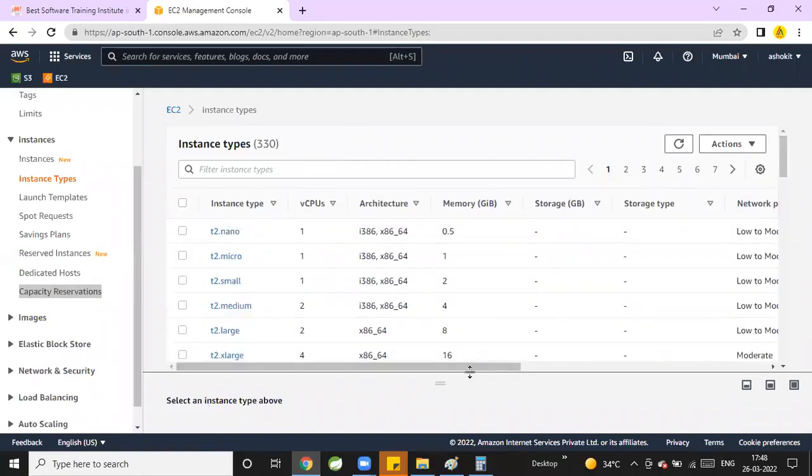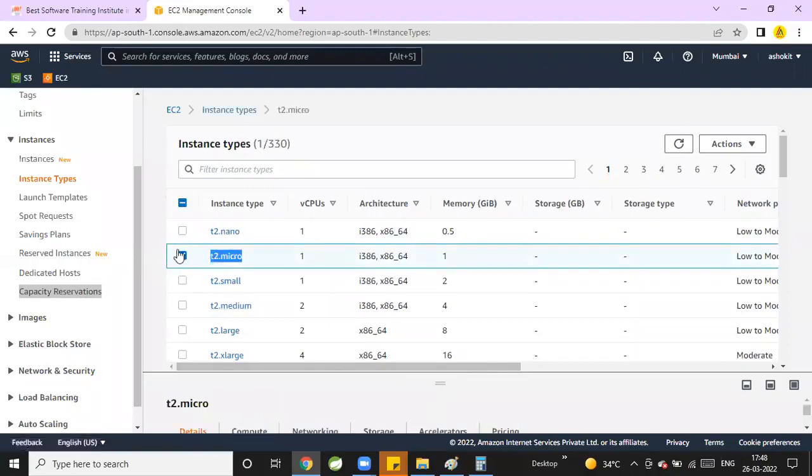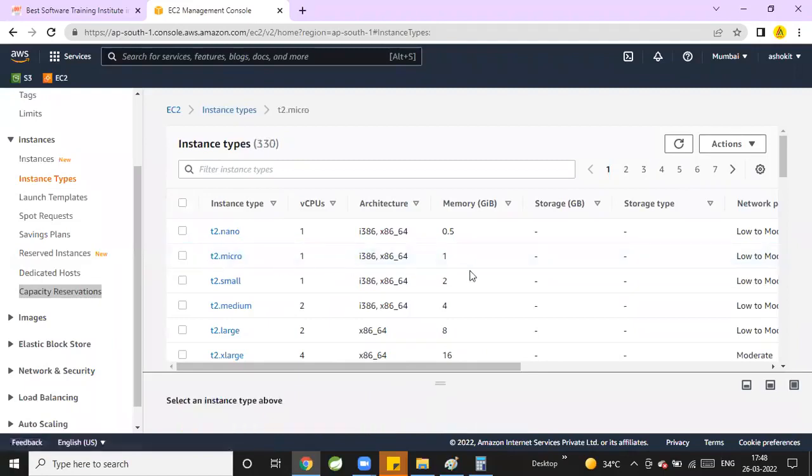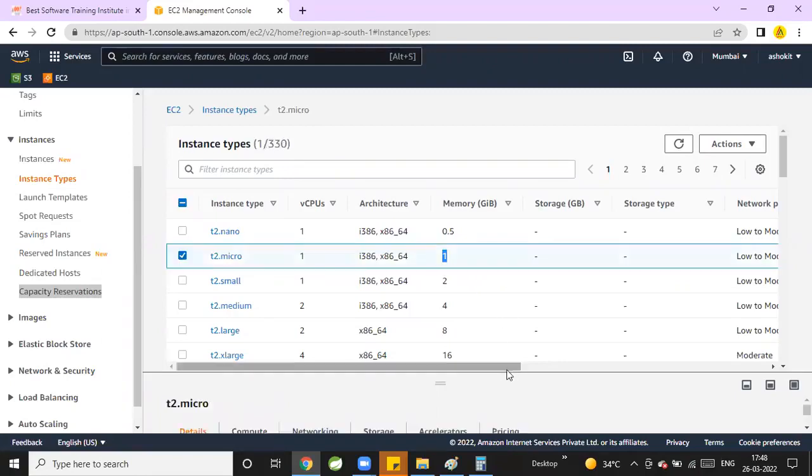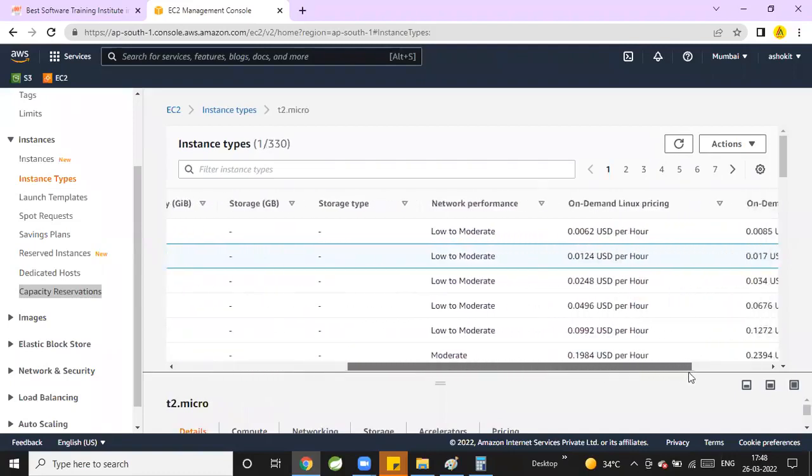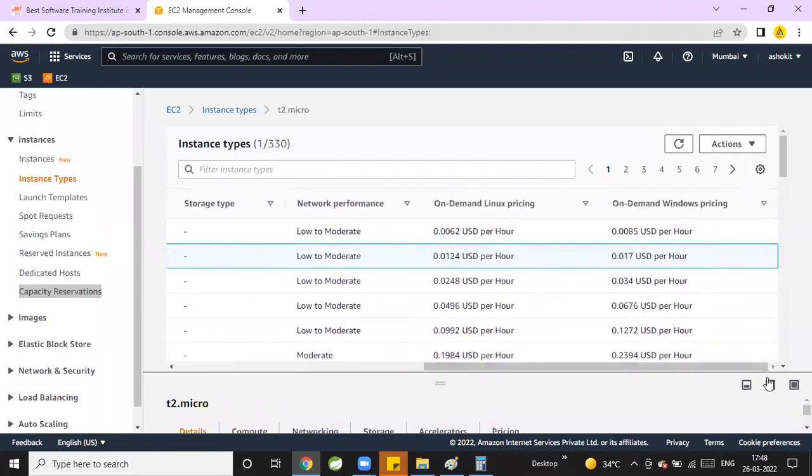Out of this, which one are we using currently? T2.micro instance we are using currently. How much RAM size is it providing in that instance? 1 GB RAM is available in the micro instance.